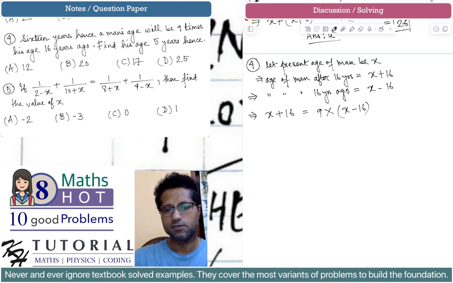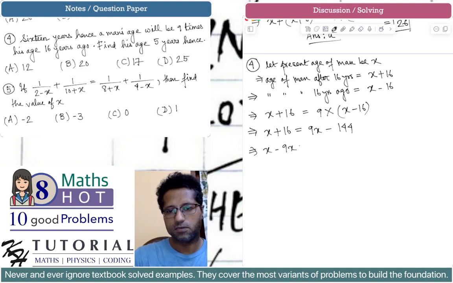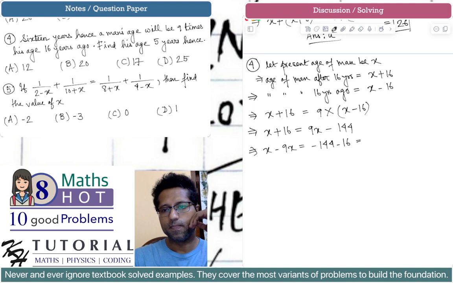Now if we solve this, x plus 16 is equal to 9x minus 16 into 9, which is 144. This implies x minus 9x is equal to minus 144 minus 16, which is equal to minus 160.